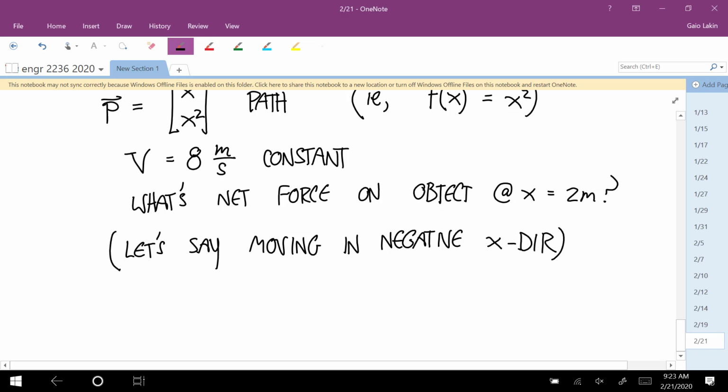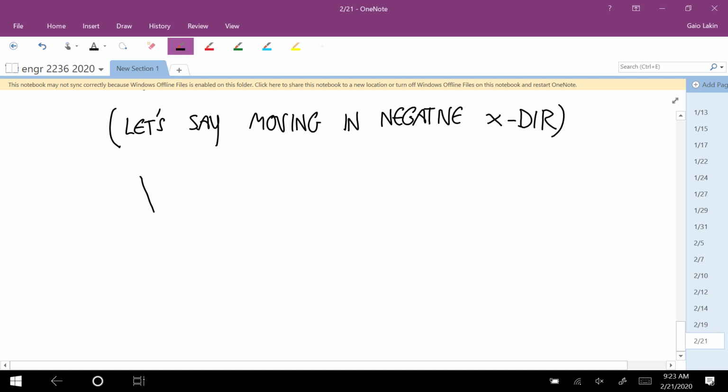Okay, so here's the path. The object's moving along that path. What's the net force on this object at x equals 2 over here somewhere? Well, if the object's moving 8 meters per second like that, clearly the net force is going to be different than if the object's moving 8 meters per second that way.